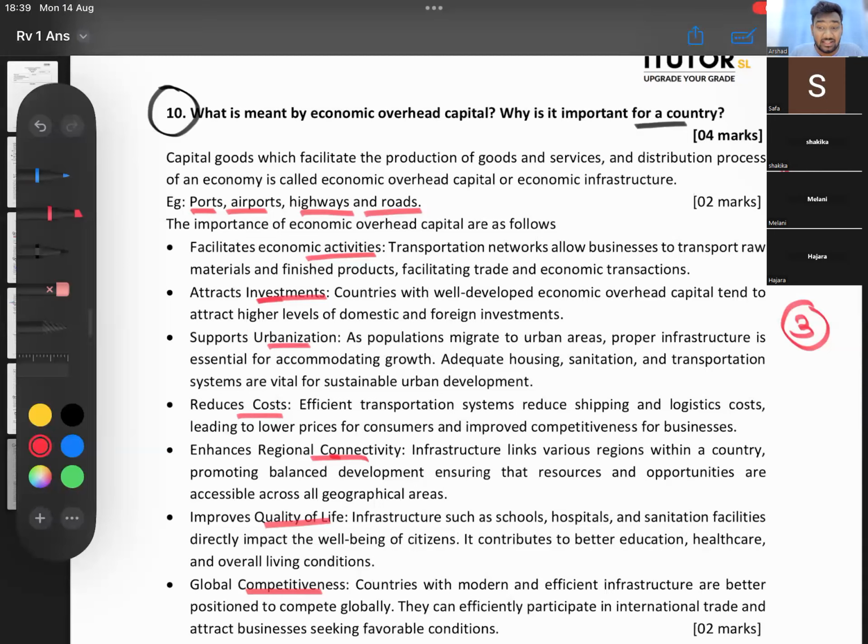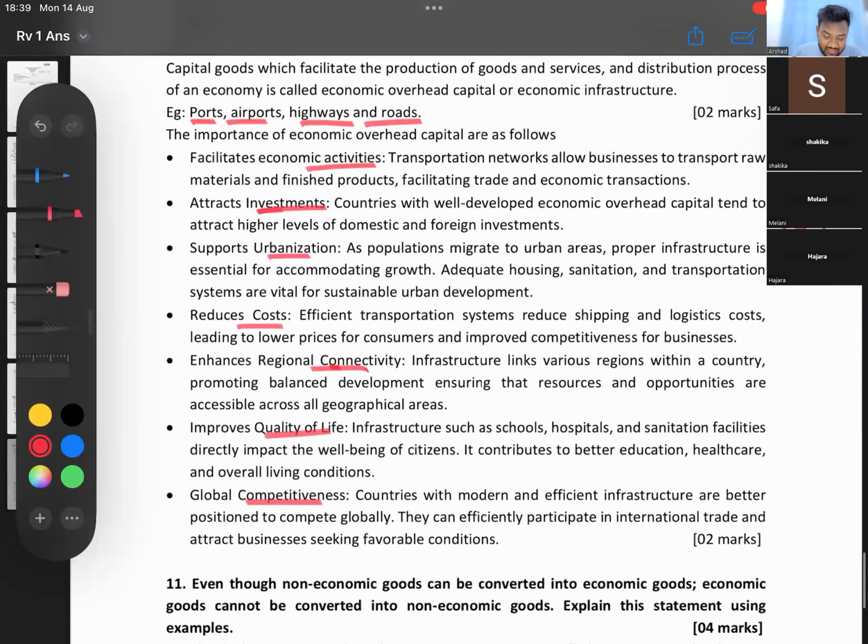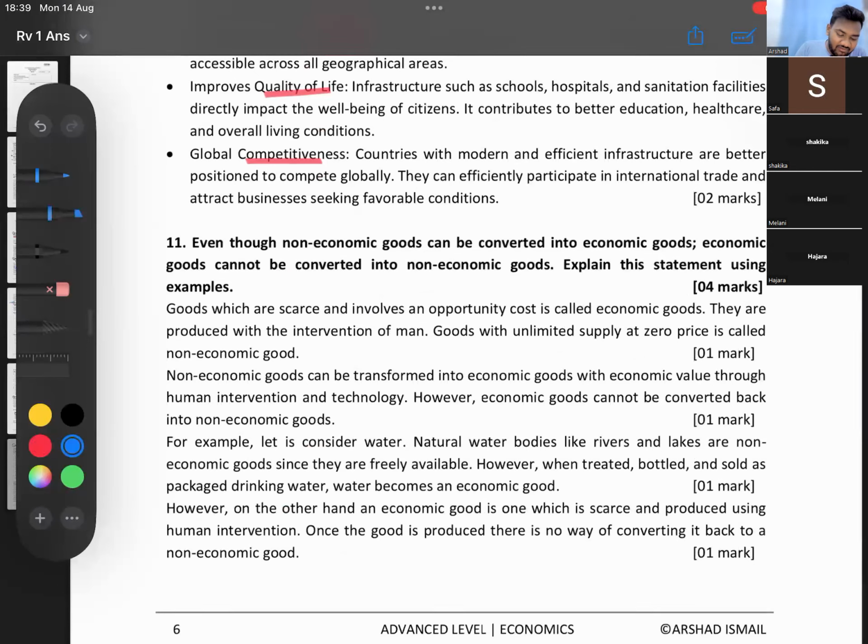Economic overhead capital. Okay. And then finally, the final question, which we already kind of have discussed, so I'm not going to go into detail. That is about, even though non-economic goods can be converted into economic goods, economic goods cannot be converted into non-economic.